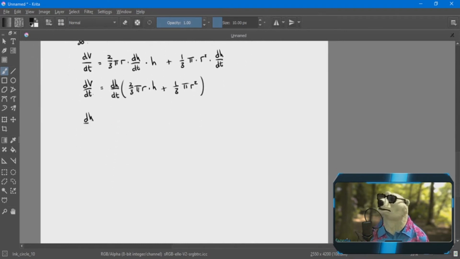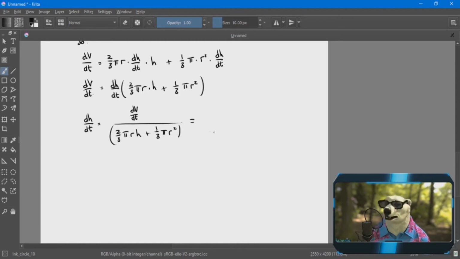So dh/dt, sorry, that almost looks like a V, hold on. dh/dt is then dV/dt over that whole bracket, 2/3 pi rh plus 1/3 pi r squared. And now I'm ready to fill in the numbers. So let's see now, what did we have?